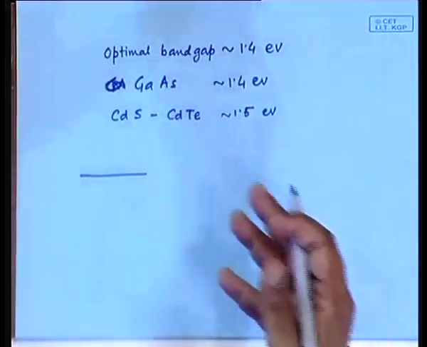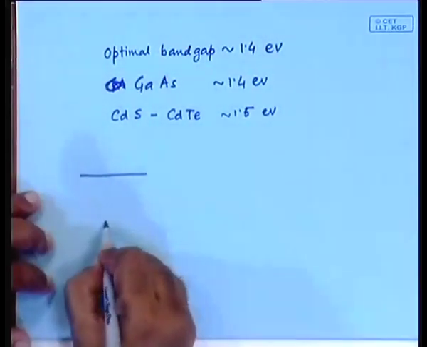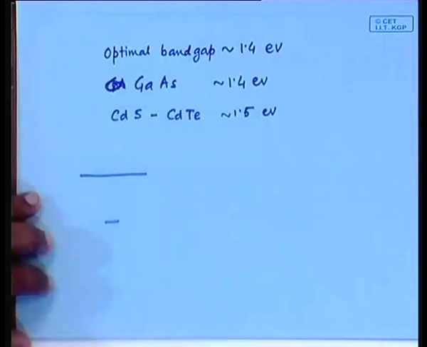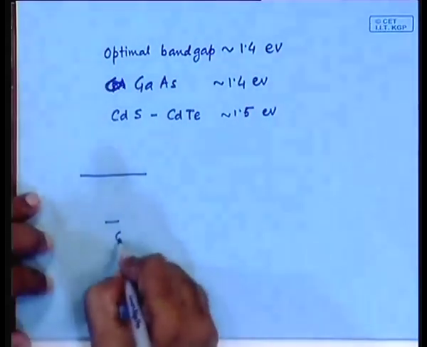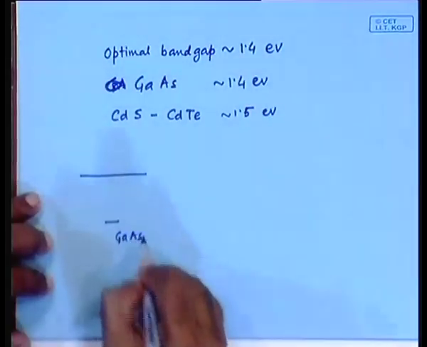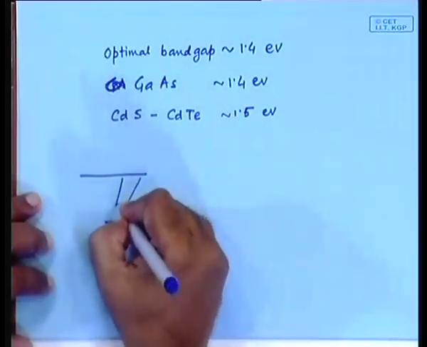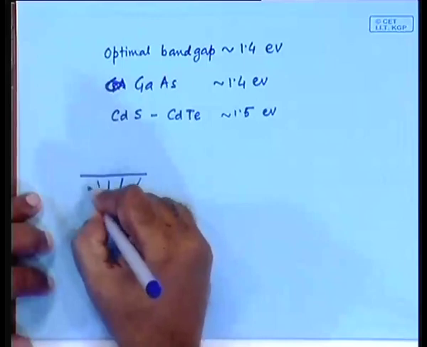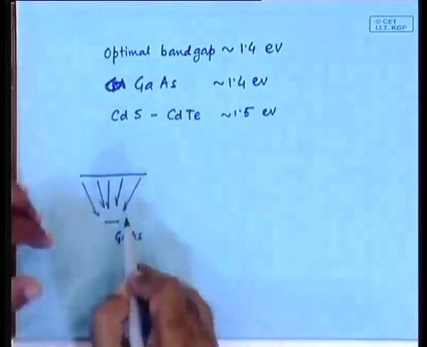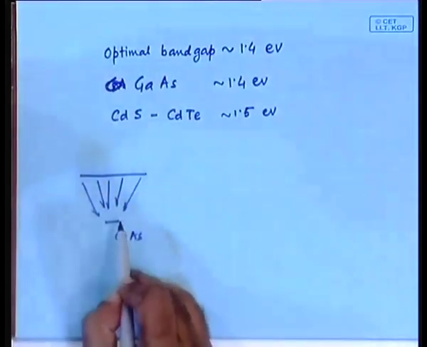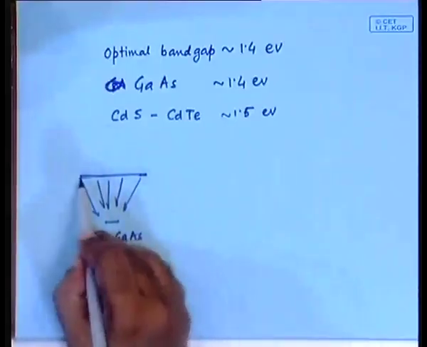What kind of concentrator? I will come to that. And here you have a smaller area of gallium arsenide solar cell, so that the light from the whole range is concentrated onto that, and this has an incident solar radiation about 5 to 6 times the actual incident solar radiation over a standard area.